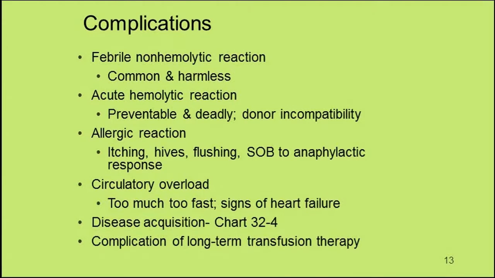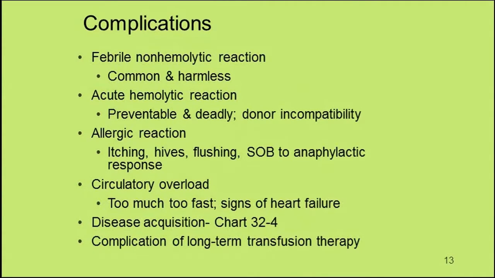The donor incompatibility, meaning that either the ABO group or the Rh factor is incompatible, causes a very rapid intravascular hemolysis, where the cells are just broken down. It does cause fever first.